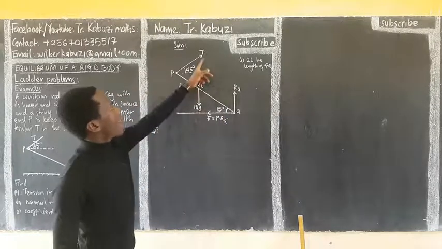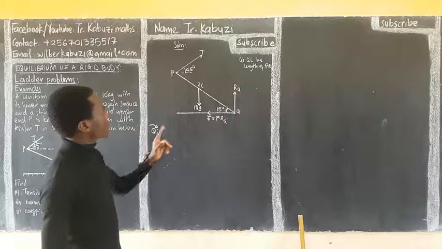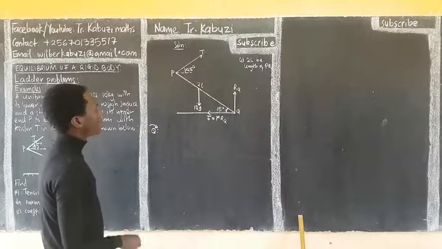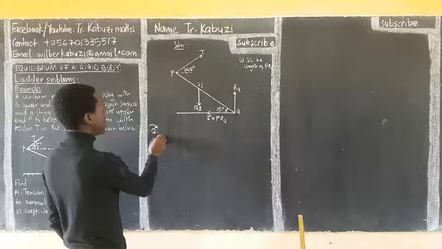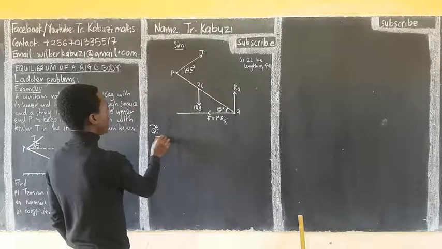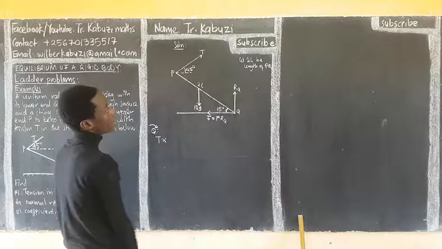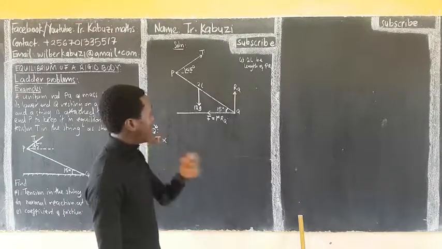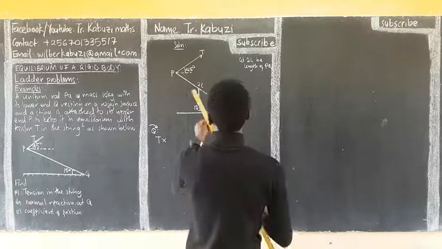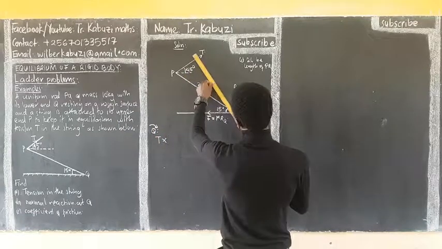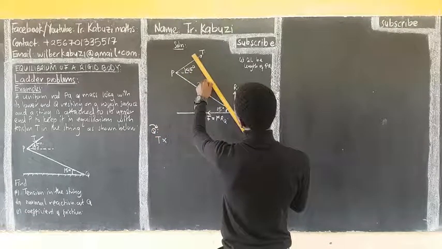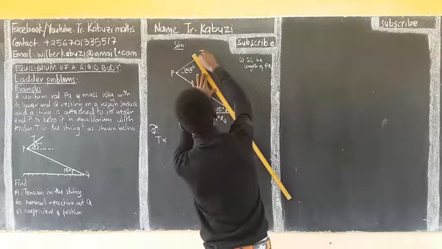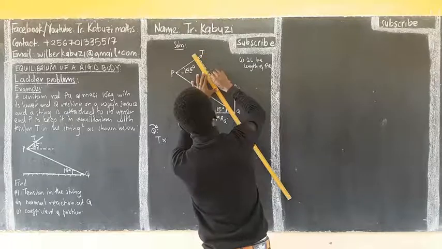Now I'm remaining with only T, so I'm going to have T times the perpendicular distance of T. How are we going to get it? I draw a perpendicular from Q to the line of force T, like this.